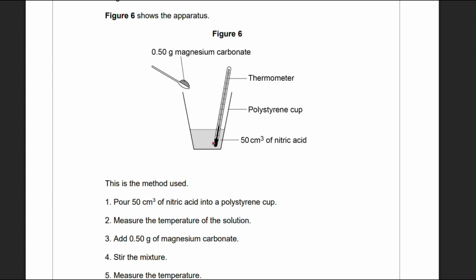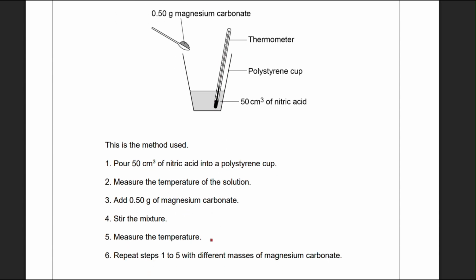Okay, and in the polystyrene cup for insulation, you're adding nitric acid. So you've got your nitric acid in there. You put a thermometer in there to take the temperature, and then you measure the temperature of the solution first. So the temperature at the start, then you add 0.5 grams of magnesium carbonate, and then you stir the mixture, usually with a thermometer, and then you measure the temperature.